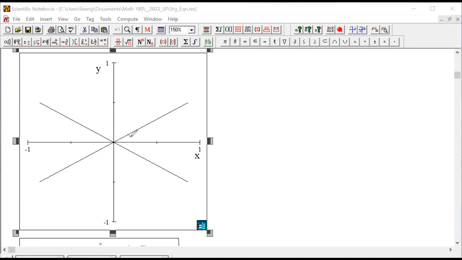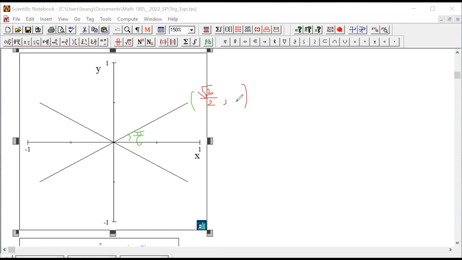So this is pi/6. You can even mark that this point is √3/2. That's a red number, sorry, that should be a red number. That's √3/2, right?